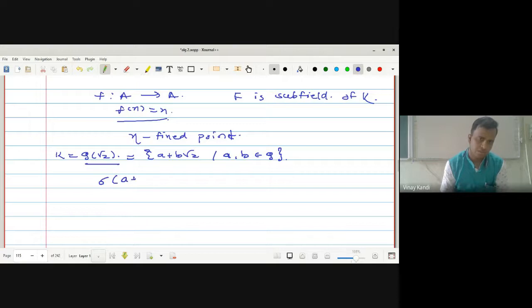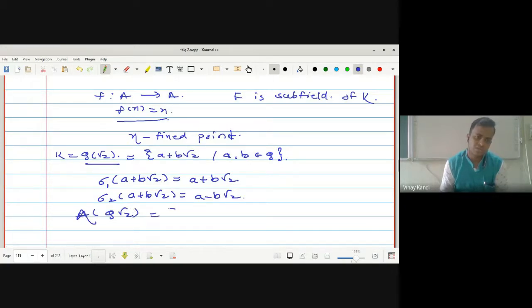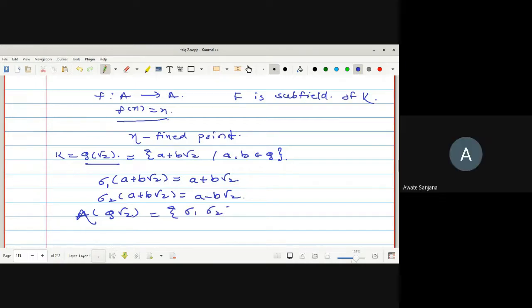Sigma 1 of a plus b root 2 is equal to a plus b root 2, the identity mapping, and sigma 2 of a plus b root 2 is equal to a minus b root 2. Then what is the automorphism group of K, that is Aut of Q root 2? It is the set of all automorphisms: sigma 1, sigma 2.